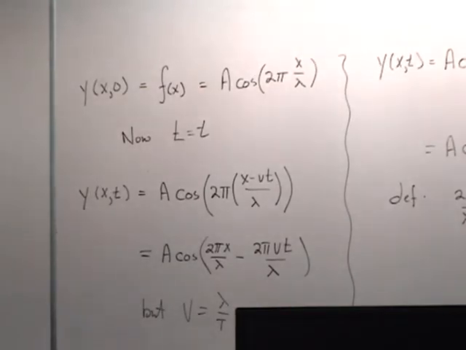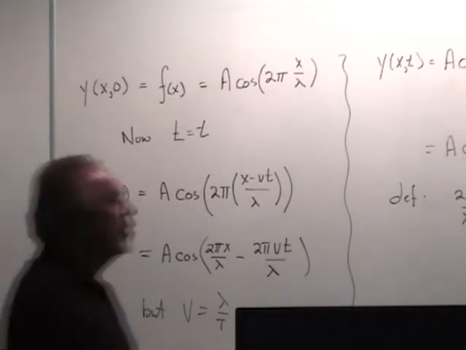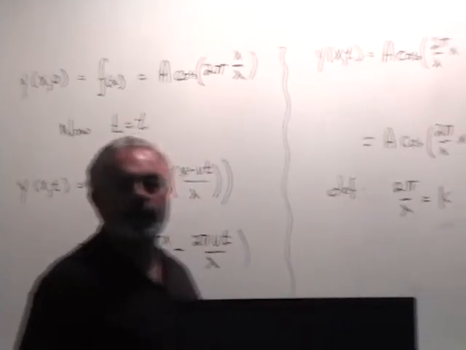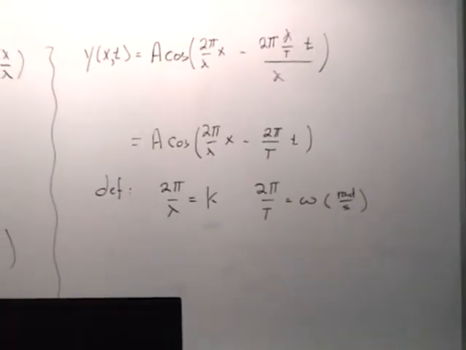Keep in mind the units. Angular frequency is radians per second. Frequency is just per second. So I'm going to put that down over here. I'm going to make sure you remember rads per second. That's called angular frequency, when it's radians per second and not just per second.